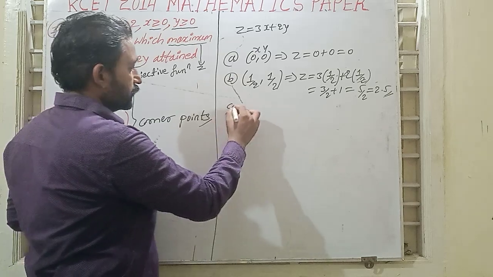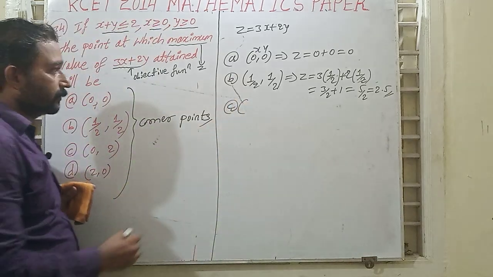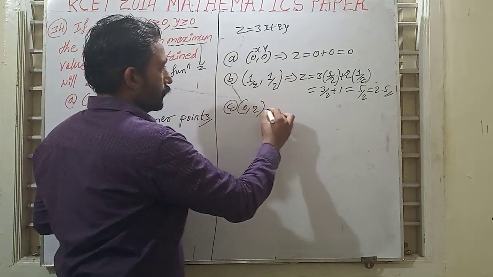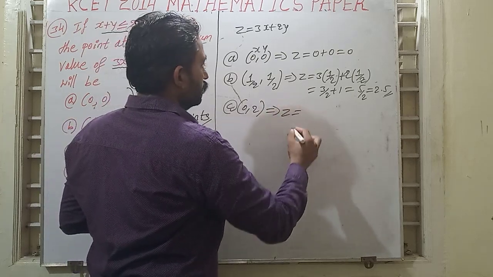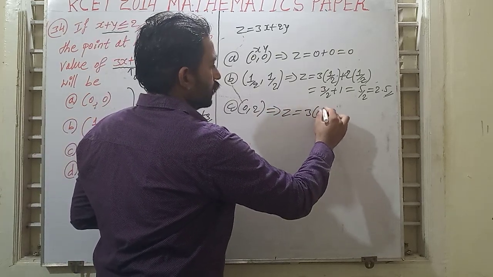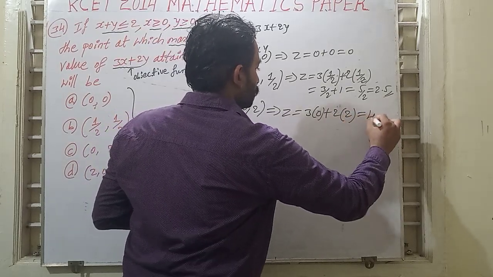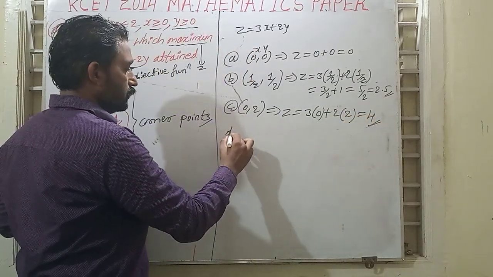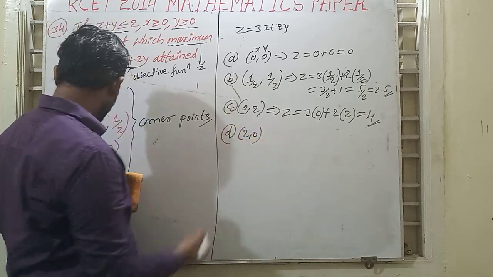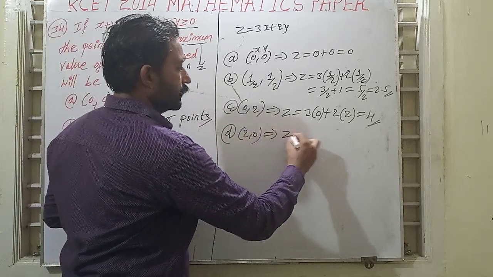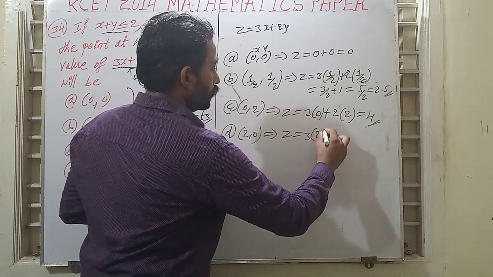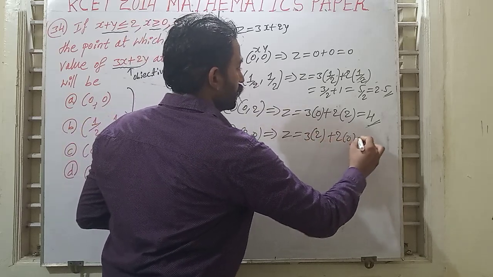Next option C, take (0, 2). This implies z is equal to 3 into 0 plus 2 into 2, it becomes 4. The last option, (2, 0). This implies z is equal to 3 into 2 plus 2 into 0, it becomes 6.